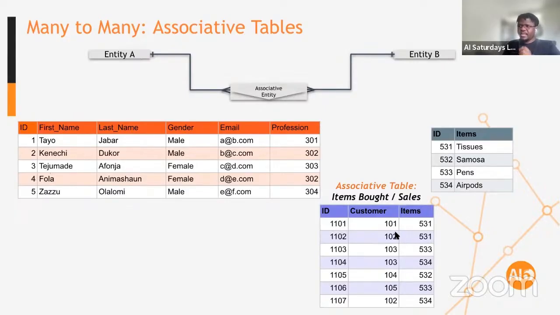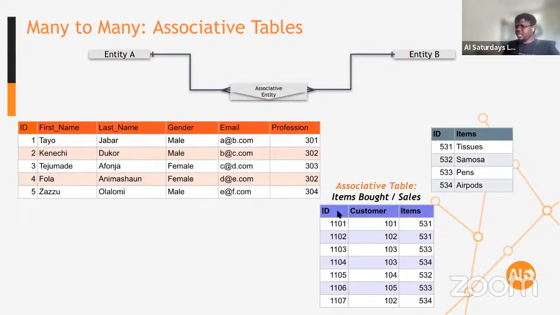That is the whole idea of associative entities, because what you're trying to do is make sure that each record or each row within this associative entity would show you what entity in table A and what entity in table B are interconnected for that record.